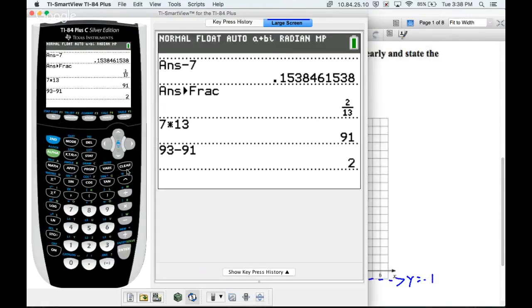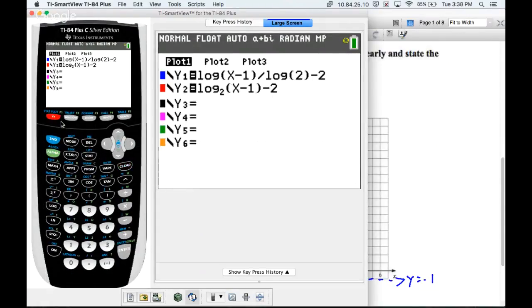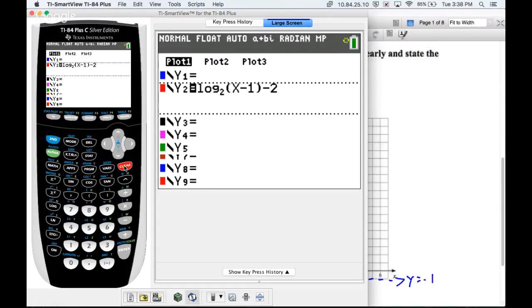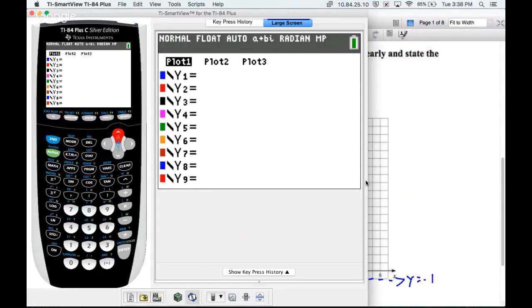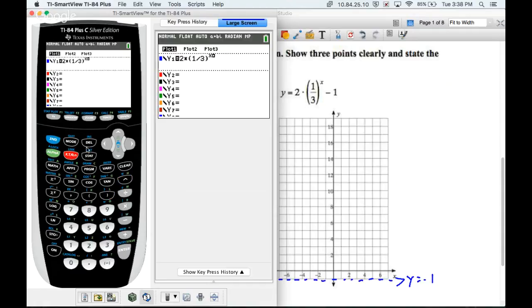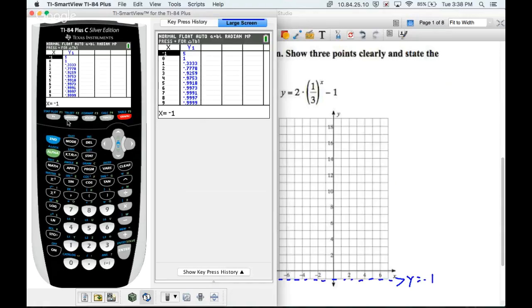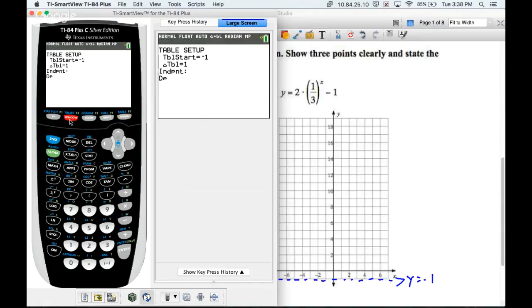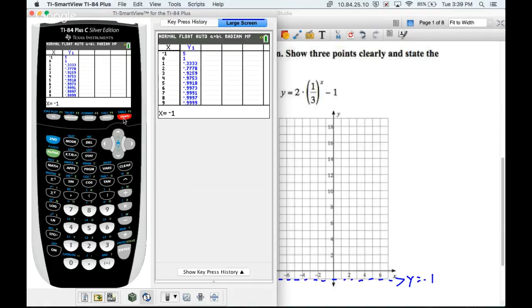All right, so I go to my y equals, clear any equation that's there, and input the equation we've been given. 2 times 1/3 to the power of x, all of that minus 1. All right, so now I'm going to go second graph to look at the table. If it starts at a weird place, you might do second window and have your table start at a more normal place. I think -1's fine, counting up by 1s.